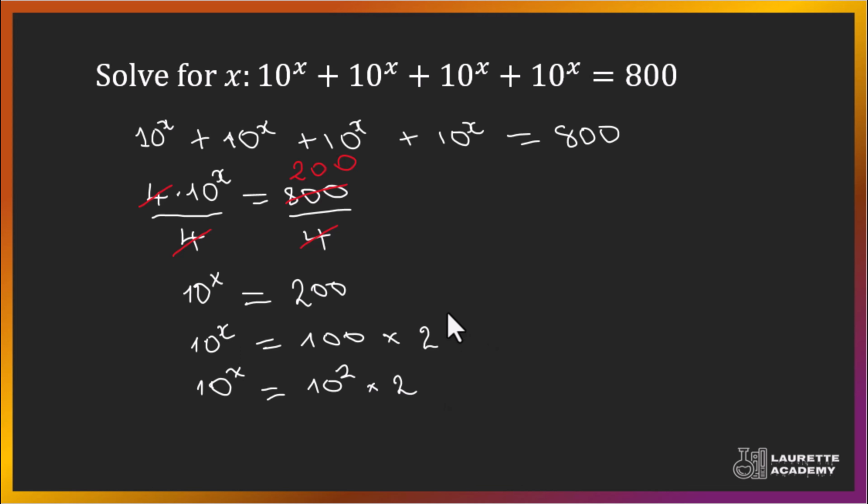What we do is that this is an exponential equation. We take log to the base 10 on both sides. So we have log of 10 to the power x is equal to log of 10 squared times 2.